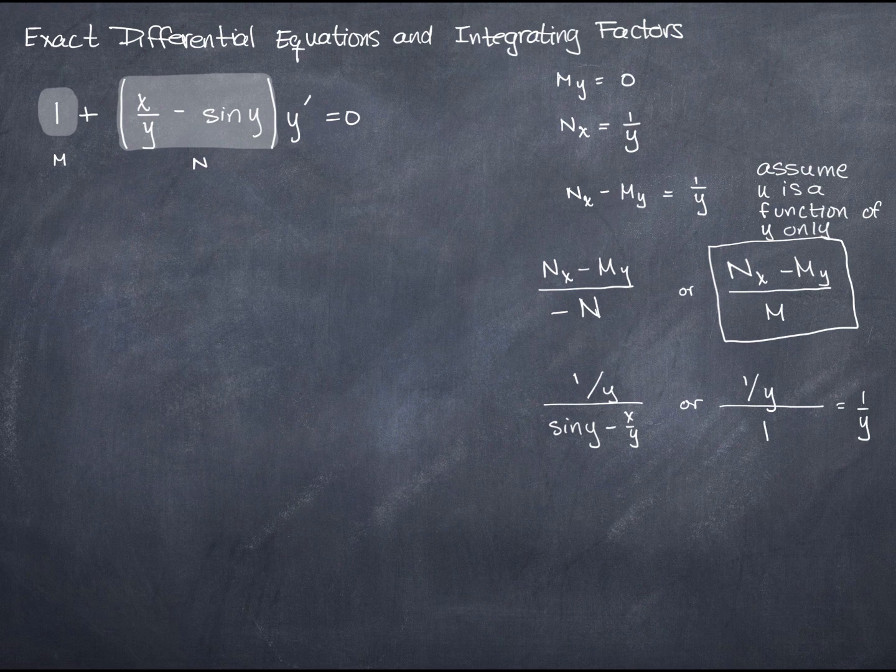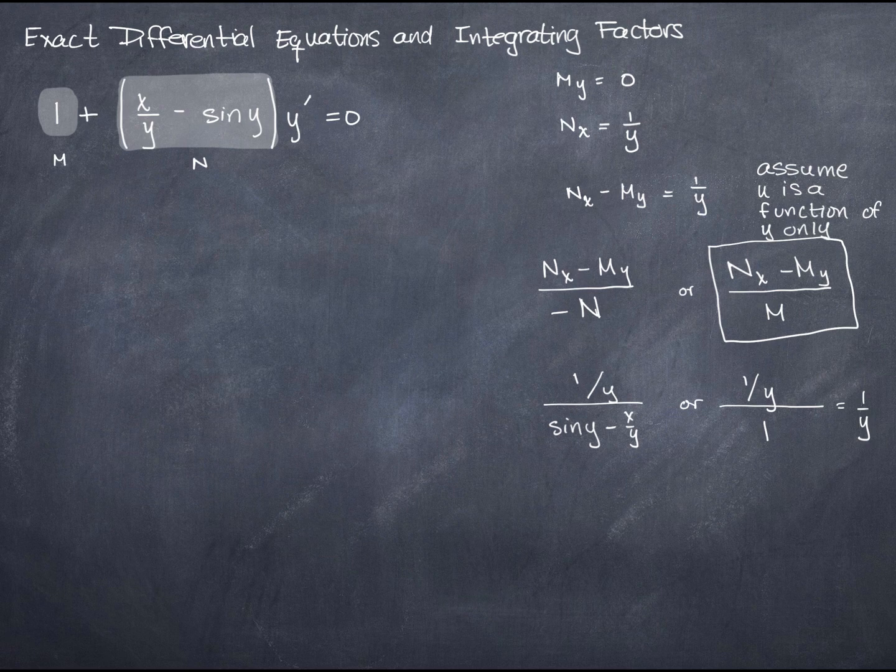In the previous example, we did one where we found that dividing through by m, or negative m, was tidier, and that was a case of assuming that our u function was a function of x only. Here we have assumed that u is a function of y only. Also on the previous screen, I chose a function to divide by.